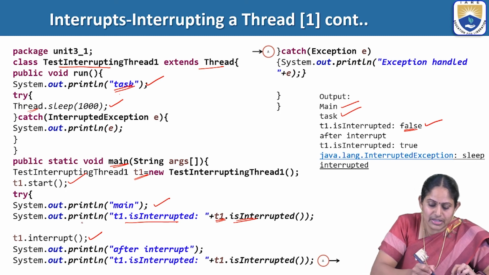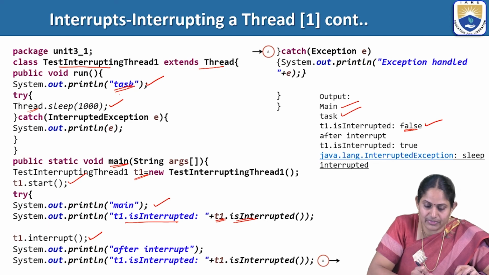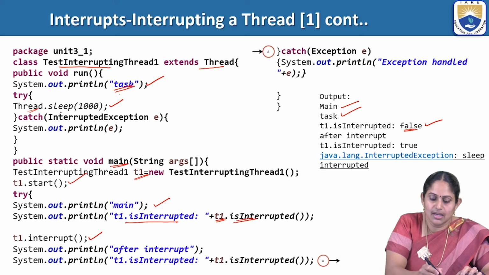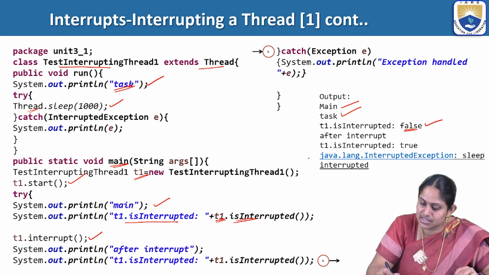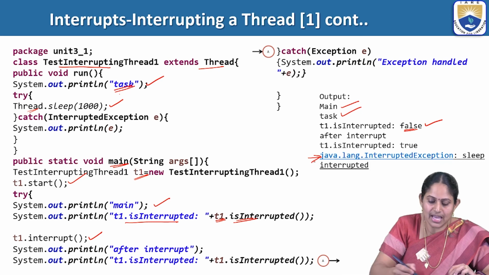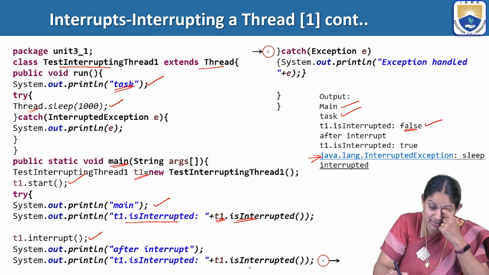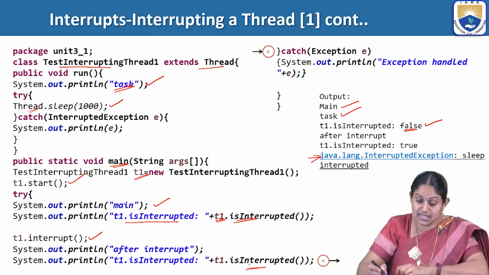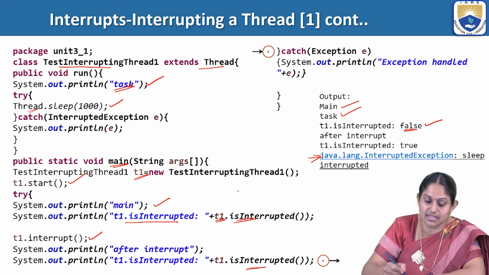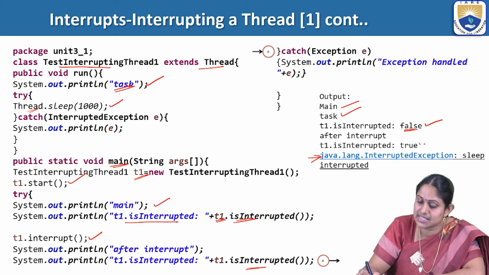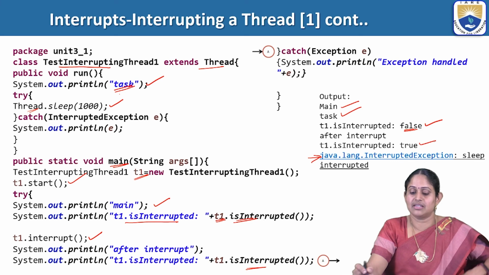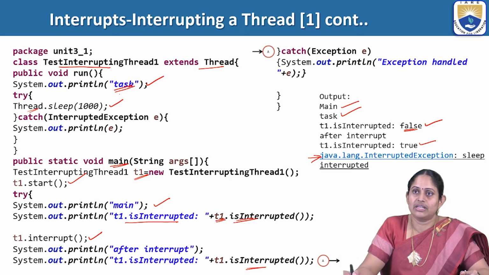So when you call the interrupt method on that thread, since it was sleeping, it will throw an interrupted exception. That is why we are getting this statement. And then we are checking whether that thread is interrupted or not. When that thread is interrupted, you will get this statement, it is executed as true.